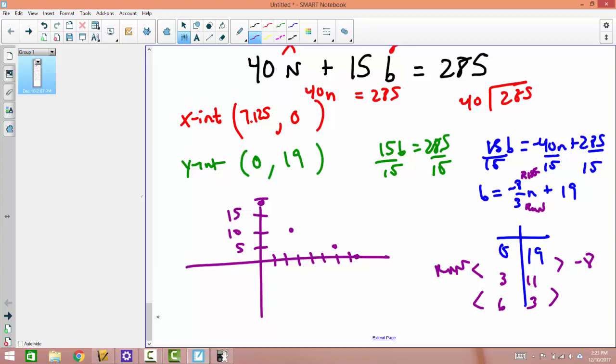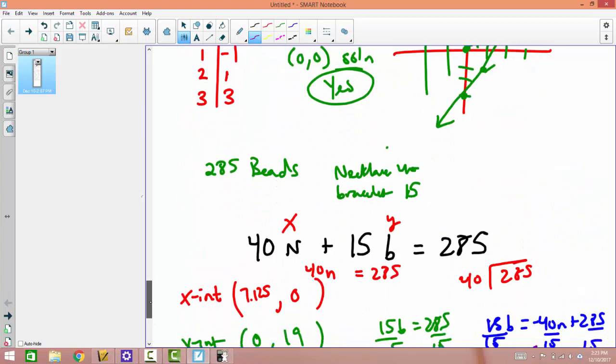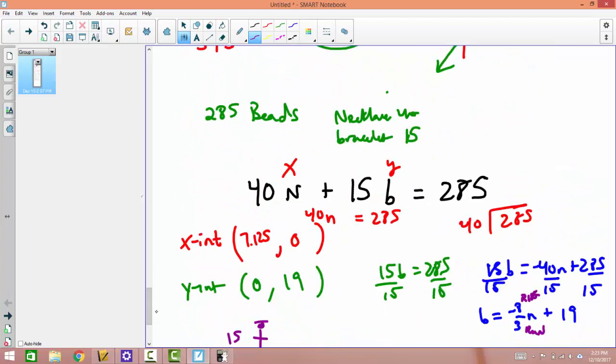So is this going to be a... Oh, okay. If you have at most 285 beads, your inequality would be at most, that means you could have 285 beads or less.